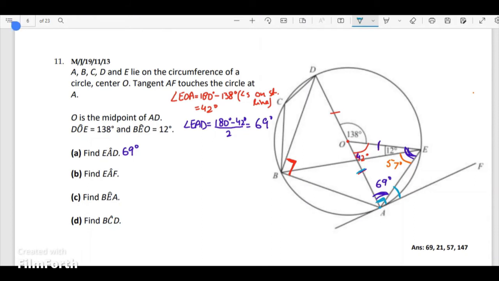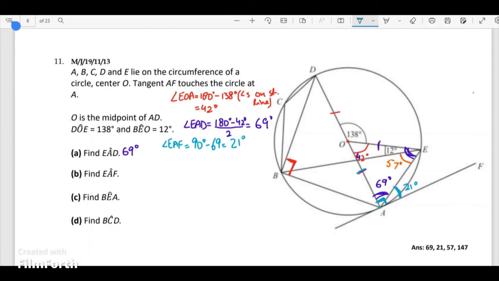So if I take away 69 from 90, I would get this angle EAF. So angle EAF equals 90 minus 69. The answer is 21 degrees. Okay, that's done as well.